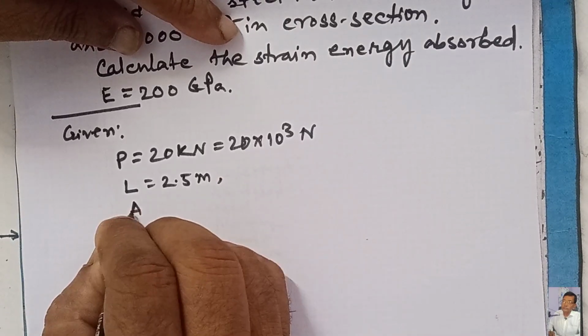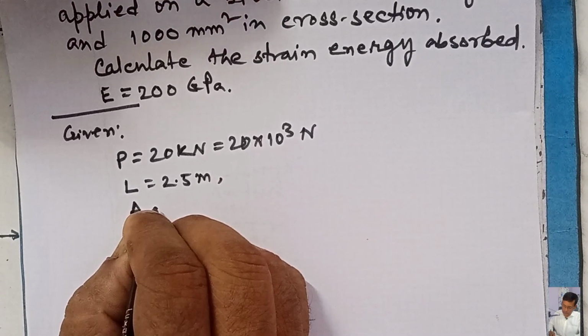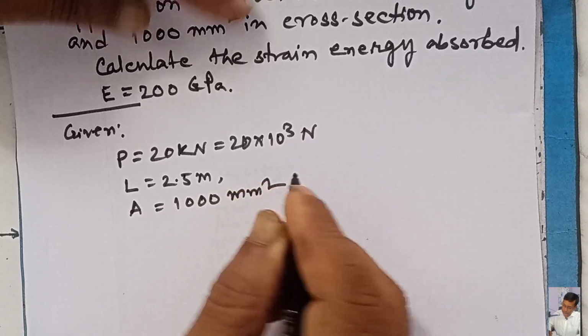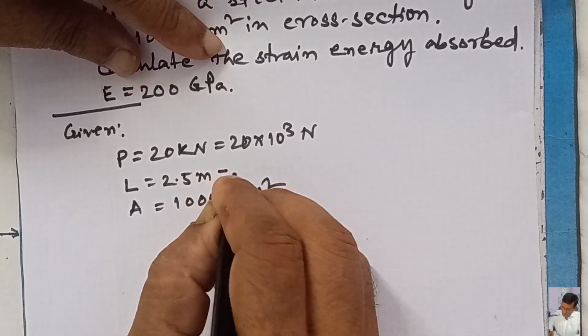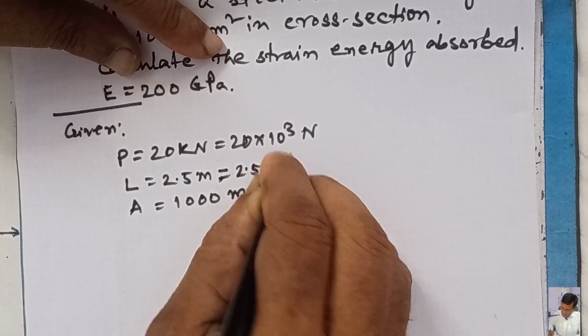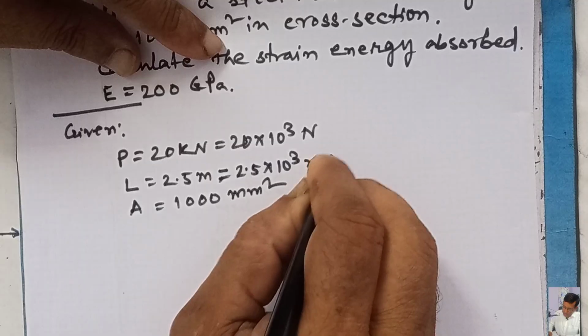Cross sectional area 1000 millimeter square. 2.5 meter is equal to 2.5 into 10 to the power cube millimeter.